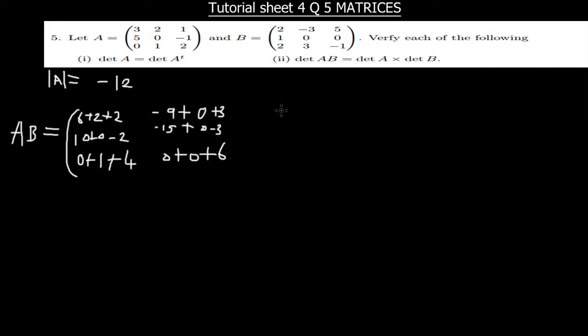Then we move on to the last column. So we say 3 times 5, you get your 15. 2 times 0, you get your 0. And then 1 times negative 1, you get your negative 1 there. Then 5 times 5, you get your 25. Then 0 times 0, you get your 0.